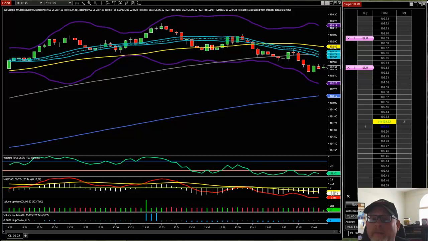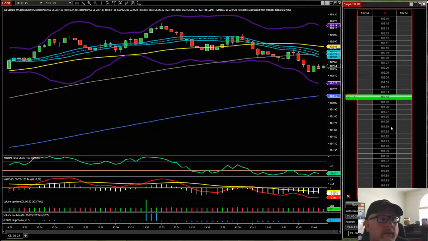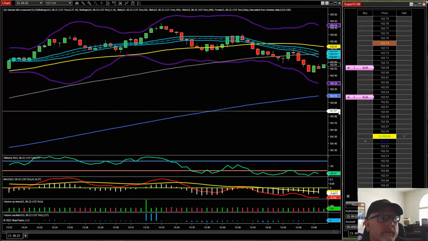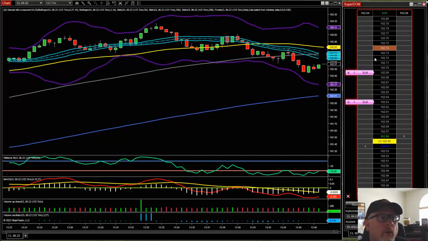Entry at 102.74 should be an exit at 102 even. And 101.63, that's good. I like both of those. We'll stick with that for now. We'll hold 5 ticks on 110 on the next 11.